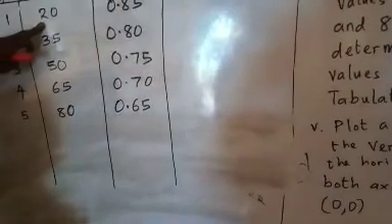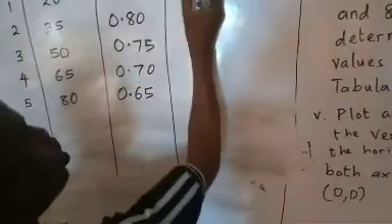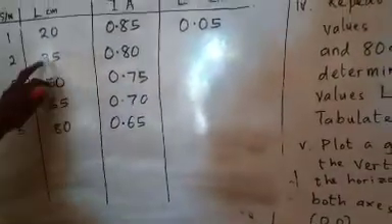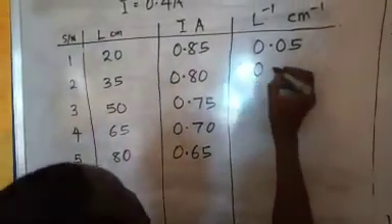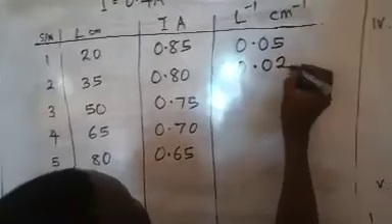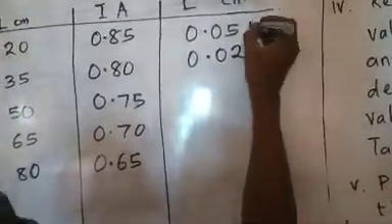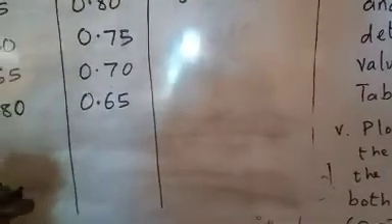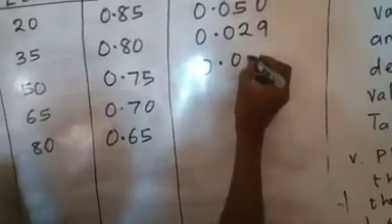Okay. Now we have inverse of here. Inverse of 20 is what? When you press inverse of 20, we have 0.05. When we press inverse of 35, 0.029. Now 50, inverse of 50, 0.020.